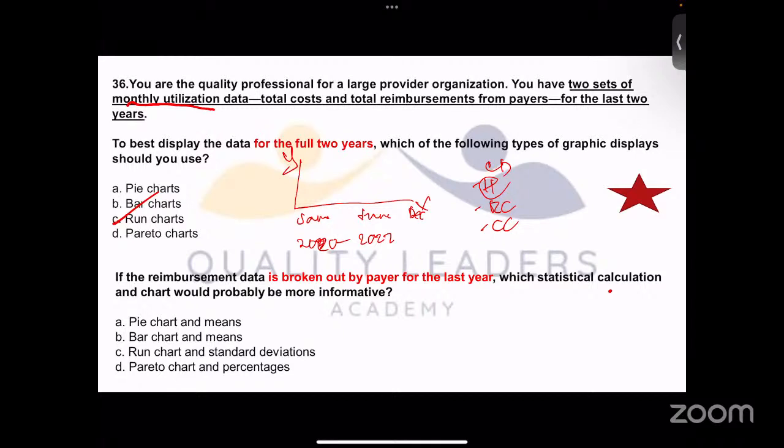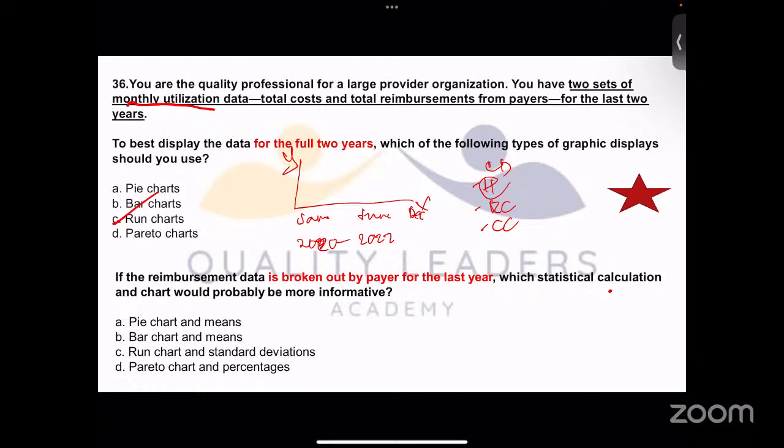Now, I am not looking at trends over time, but rather comparing the total cost with the total reimbursement. So what will I write on the x-axis? I will write the total cost and total reimbursement instead of months. So I'm comparing these two categories, to see if they match or differ.